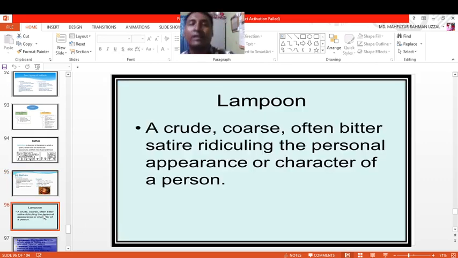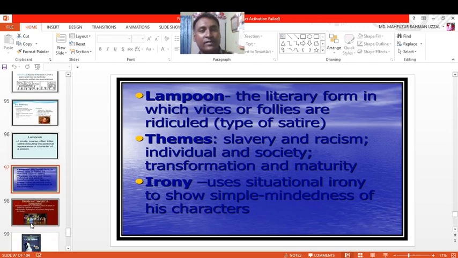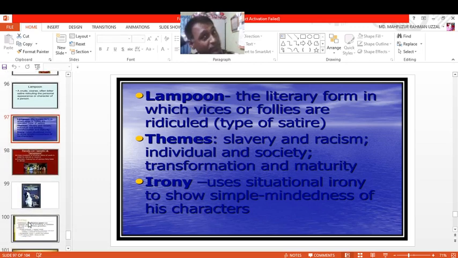Lampoon is another literary device, a crude, coarse, often bitter satire ridiculing the personal appearance or character of a person. Lampoon is the literary form in which vices or follies are ridiculed, one kind of satire.